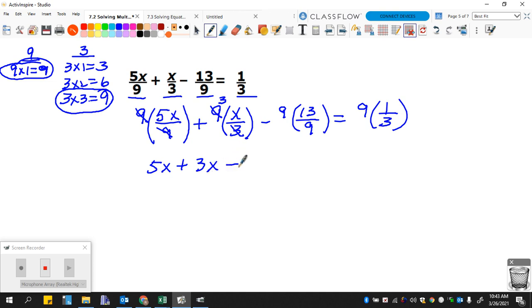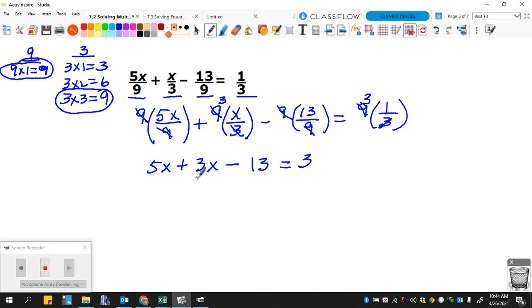Minus, once again, the 9 on top and the 9 on bottom, which actually, that's just a 1. 9 divided by 9 is just 1. So 1 times 13 is 13, is equal to, and here again we have a 9 and a 3. 9 divided by 3, the 3 cancel out, and the 9 becomes a 3. And 3 times 1 is 3. All right?